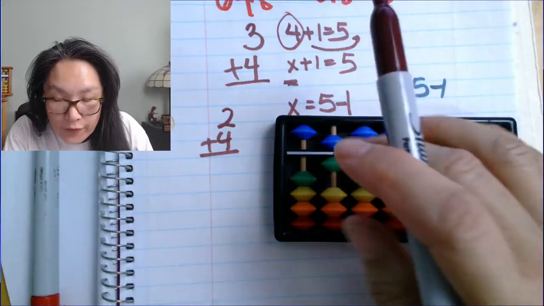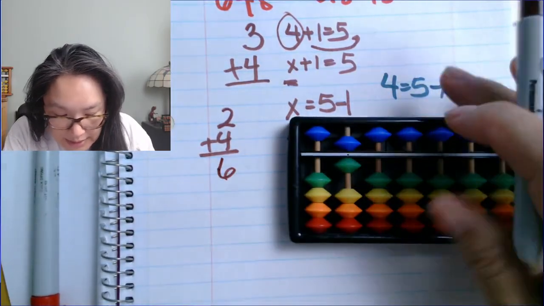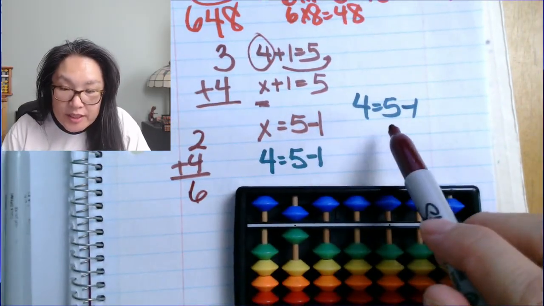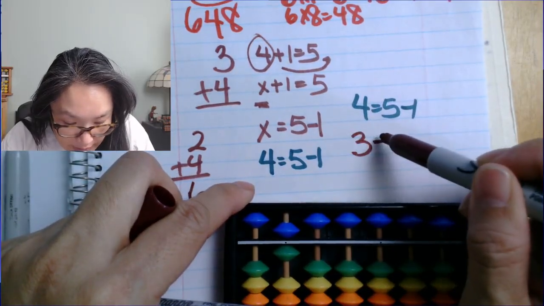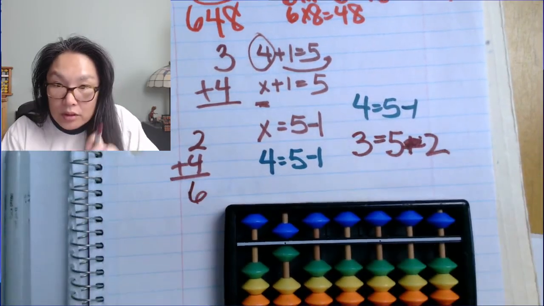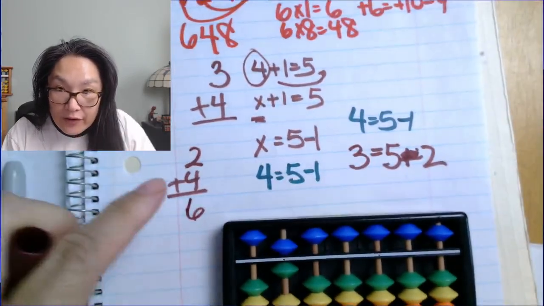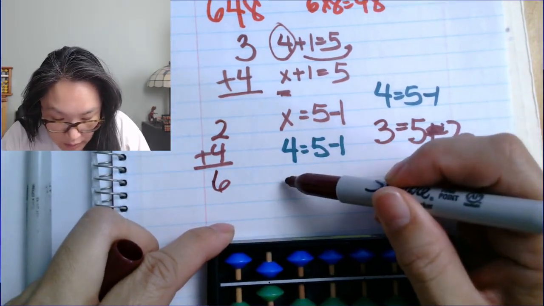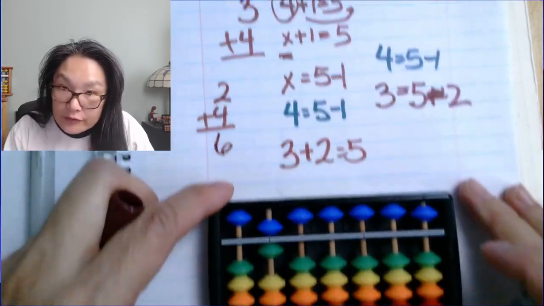Is the formula specific? Yes. This specific formula is very specific to the 4. There's a 3. 3 is equal to 5 minus 2. Why? Because 2 and 5 are pairs, because we know 3 and 2 is equal to 5.